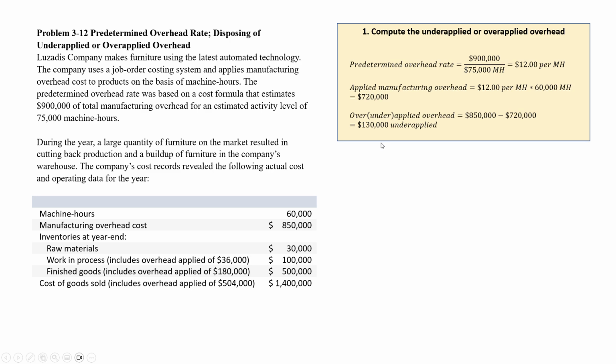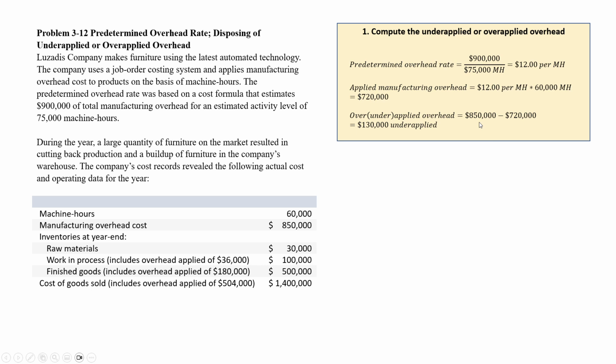Finally, let's compare that to the actual overhead we incurred after the fact. Actual overhead was 850,000. Let's subtract out the overhead we applied of 720,000, meaning we underapplied $130,000 of overhead.